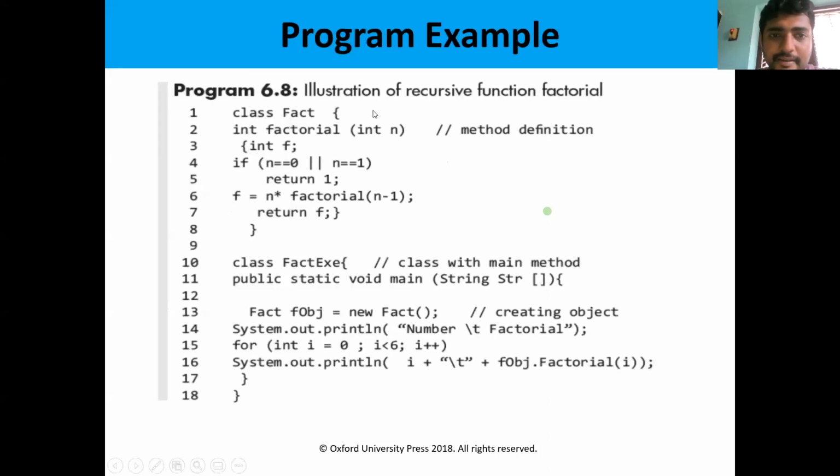Factorial is a method that calls itself again and again. This is called recursion. Factorial and the Fibonacci series are examples of recursion.